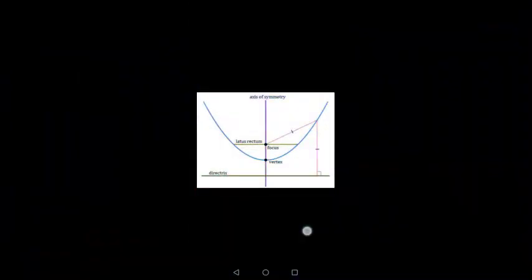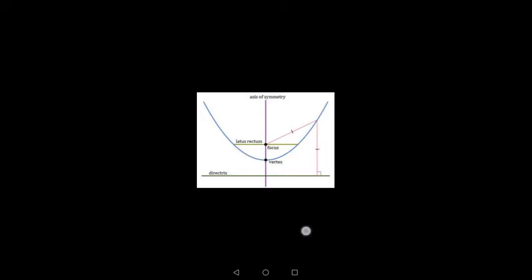In mathematics, a parabola is the conic section of eccentricity equal to 1, resulting from cutting a straight cone with a plane whose angle of inclination with respect to the axis of revolution of the cone is equal to that represented by its generatrix.